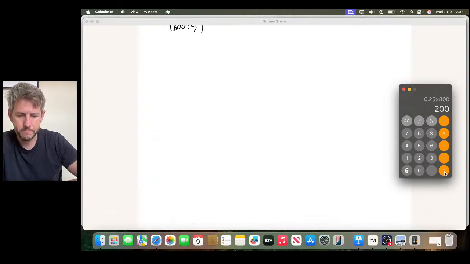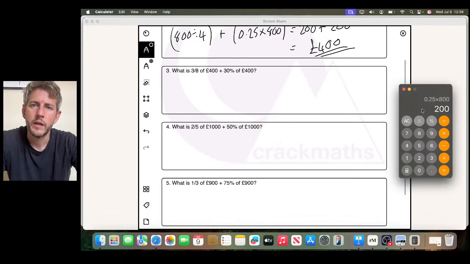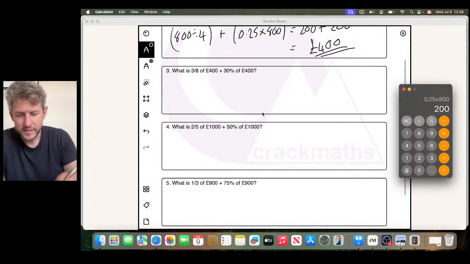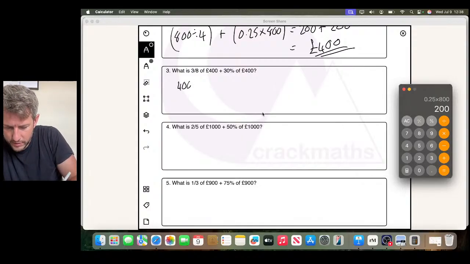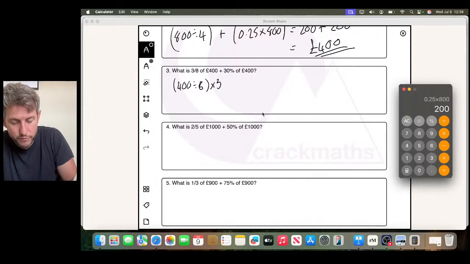Question 3. 3/8 of this, so this is 400 divided by 8 and then times by 3. 400 divided by 8 gives us the 1/8, and then times that by 3 will give us the 3/8.